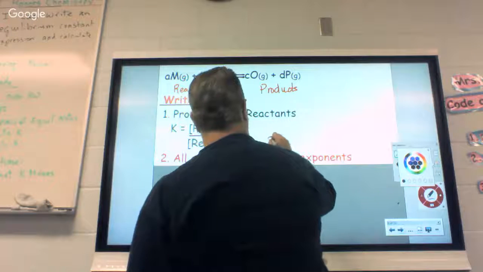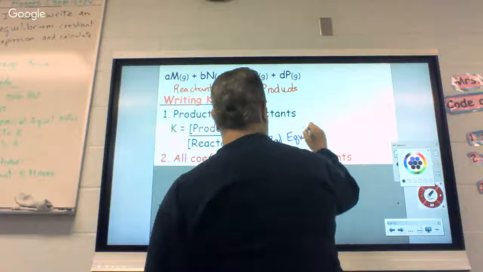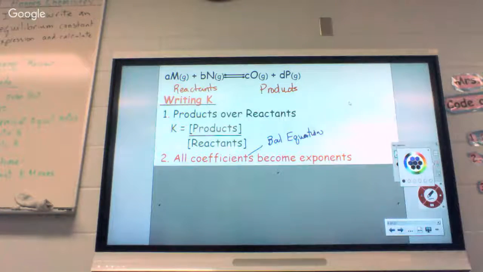So look at our coefficients. So if the equation is not balanced, you need to do what? Balance. And then we're going to put the coefficients in as exponents.